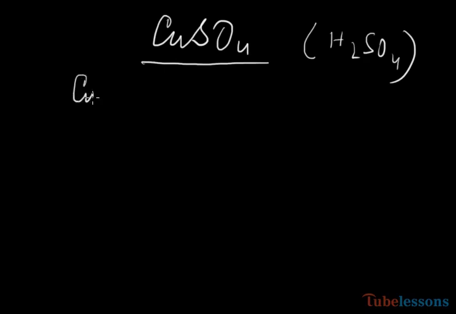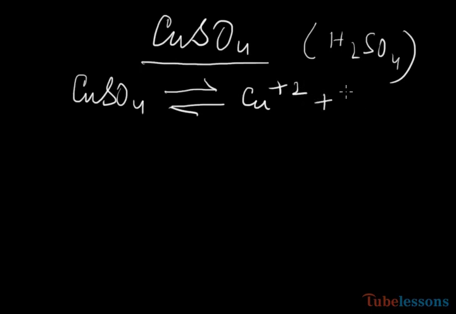Now, ionization of copper sulfate. Firstly, copper sulfate gets ionized to form copper ion Cu2+, the valency of cupric being +2, and sulfate ion. In this case, in the voltameter, copper electrodes are used. Copper electrode is used as anode and copper electrode is used as cathode.